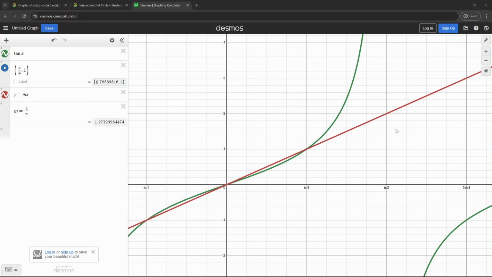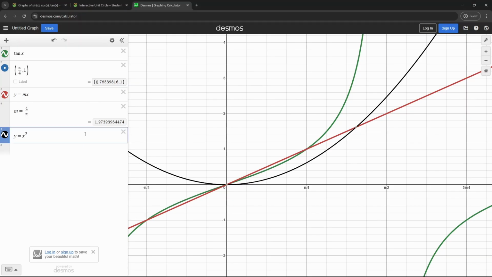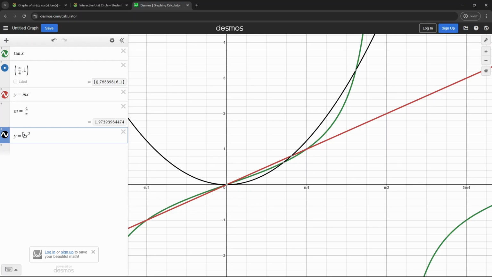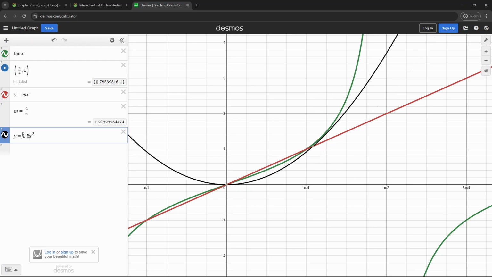So let's see if this works. Y equals x squared. See how it's a bit more exaggerated, but a parabola also starts off kind of shallow, and then it starts getting steep after. And we can probably make it closer to it. We did 1 over, maybe 2. 1.5 maybe?